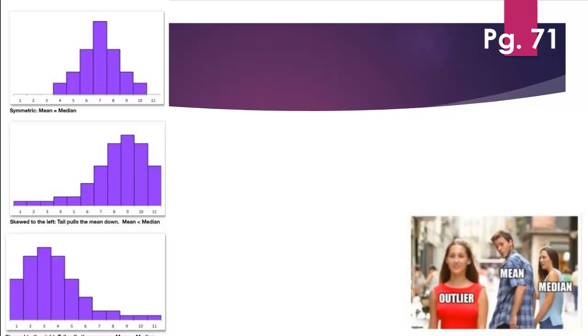So this is graph 1. I'm going to write here in white. Graph 1, you can see that, right? It is symmetric, which means it is the same on both sides of the halfway part.